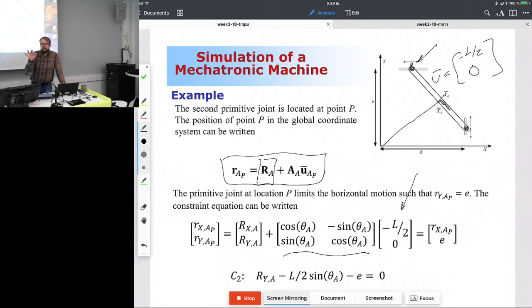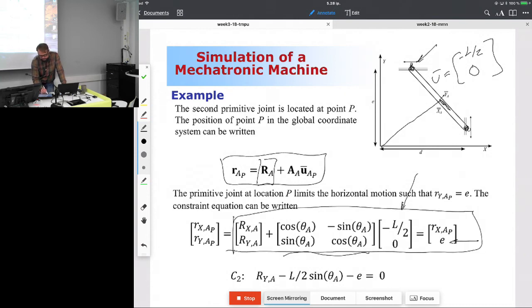This time the constraint is imposed on global y direction. The y direction is no longer free to move, but instead it has to have a certain value. The value is defined here. So then I do the math. I will take this time this component here, this row multiplied by this vector, and then I'll take an e and put it in the left hand side of the equation. Here's my second constraint equation. Simple.